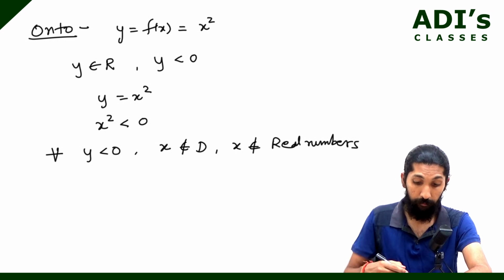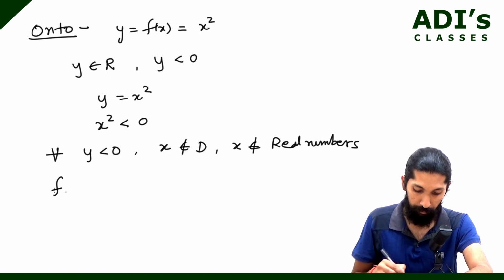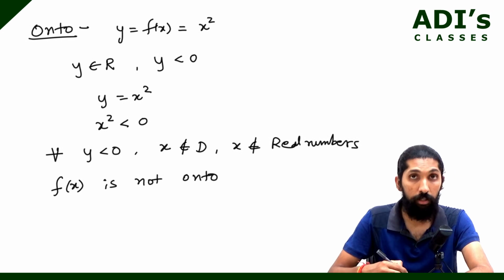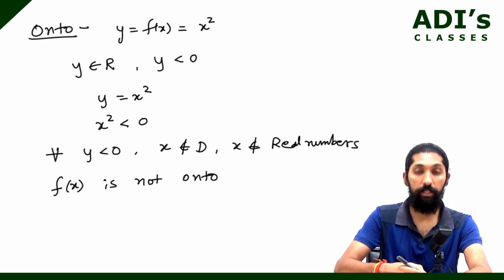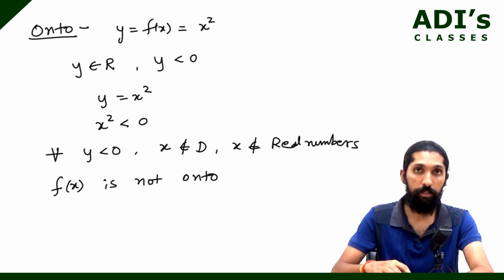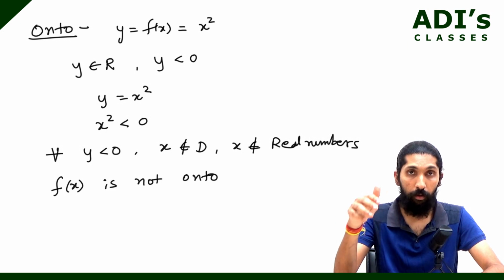So what do we say from this? Therefore, this implies that f of x is not onto, or you can also say it is not surjective. Got it? So what can we say at the end? That f of x is not bijective. Understood? So this is how you solve a problem.